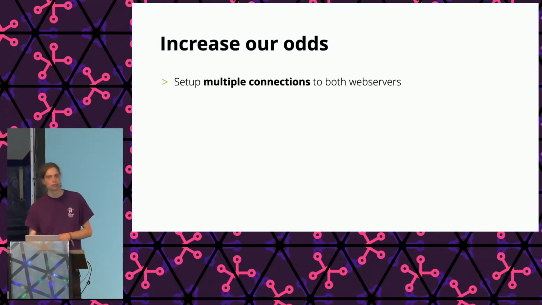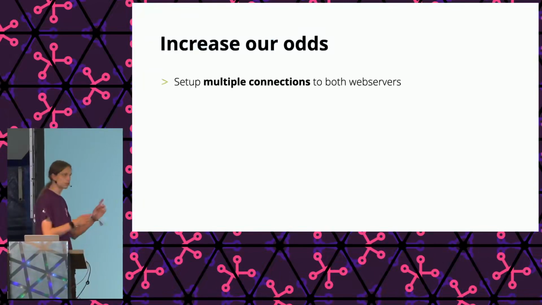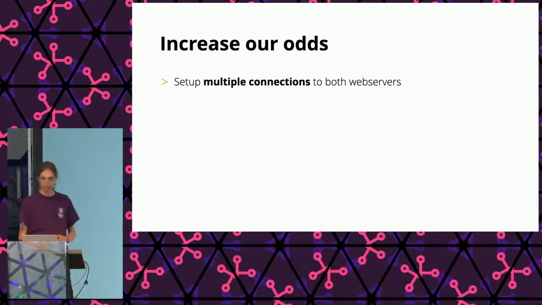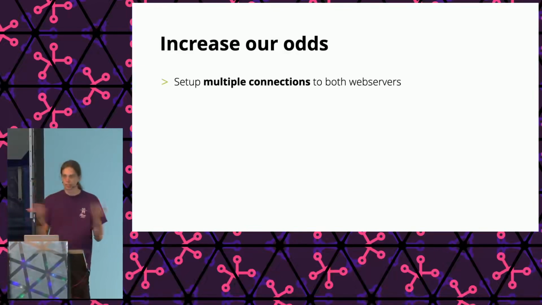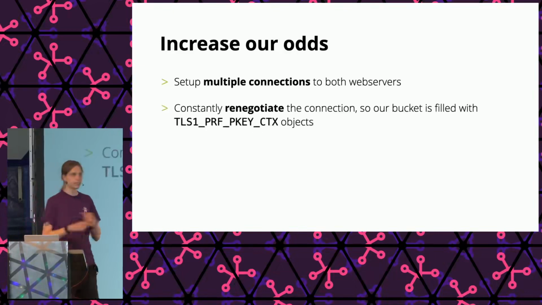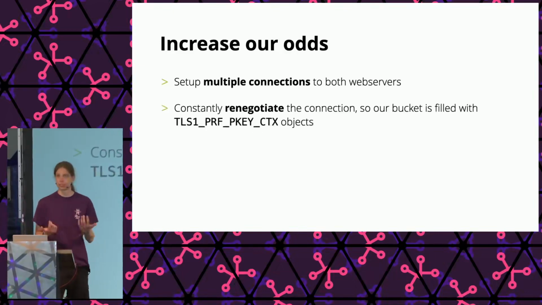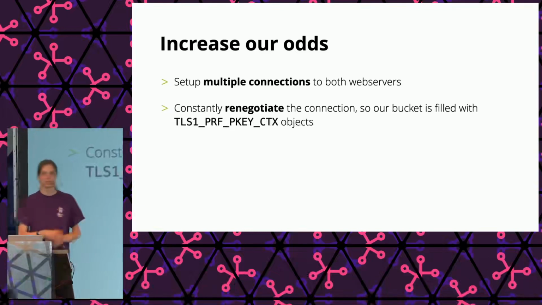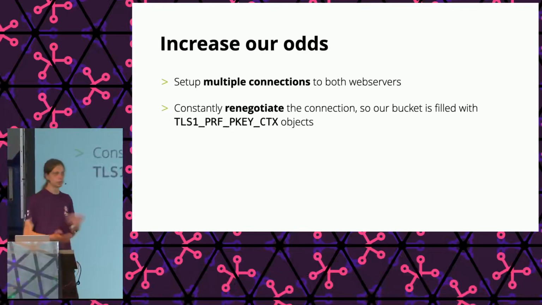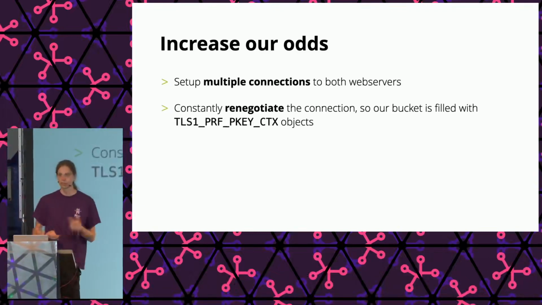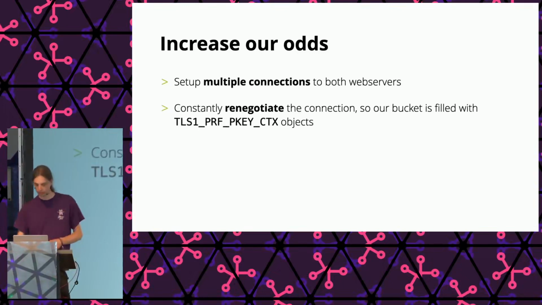But one of the things we could do is set up multiple connections to both servers to basically increase the chances of the objects being in memory at the right places. You could renegotiate the connection, which is a feature in TLS that you can do a handshake on an existing connection again, which was convenient because it was faster to renegotiate than open a new connection.